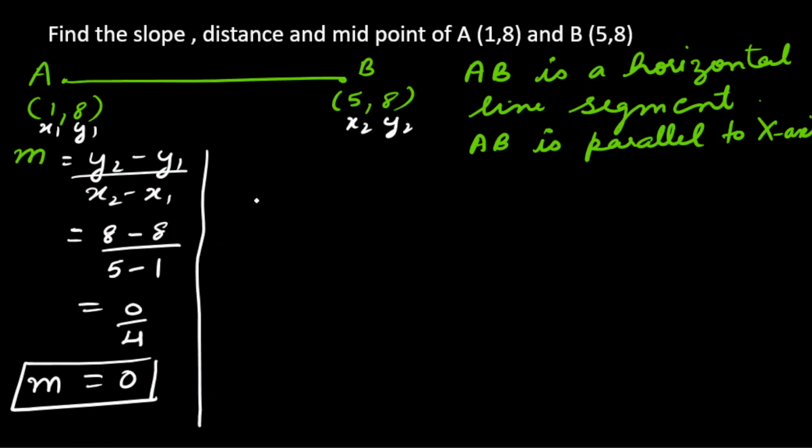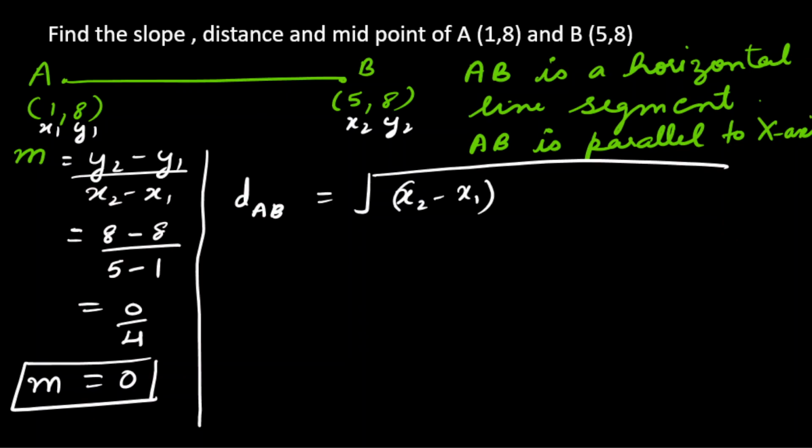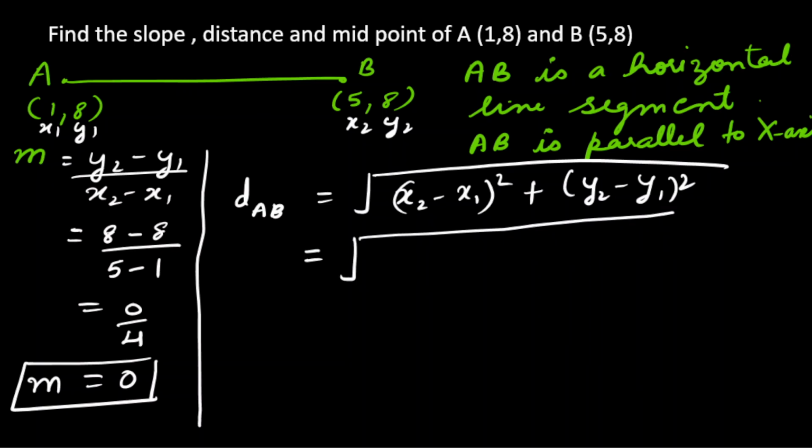Now let us find distance AB. Distance we can find using the distance formula. Distance formula is the square root of x2 minus x1 whole square plus y2 minus y1 whole square. So let us write the values now. x2 is 5 minus 1 whole square plus y2 is 8, y1 is also 8.